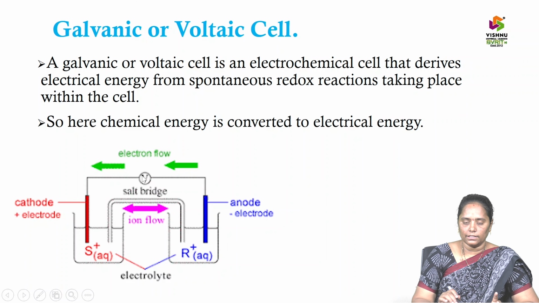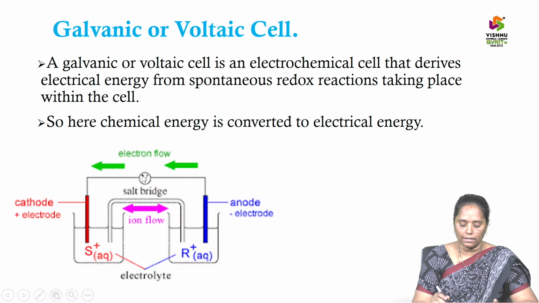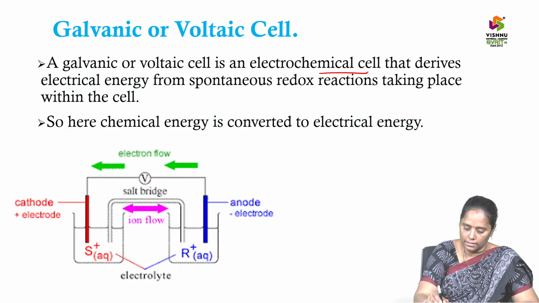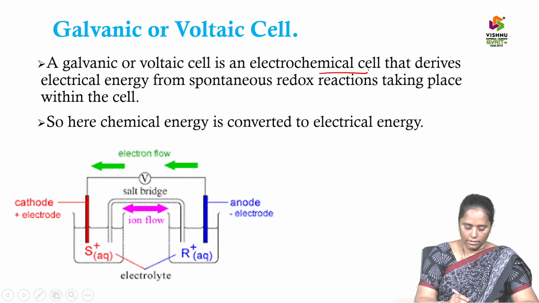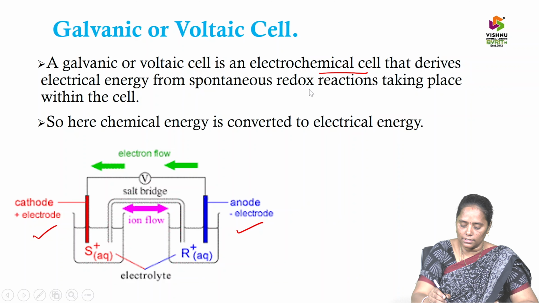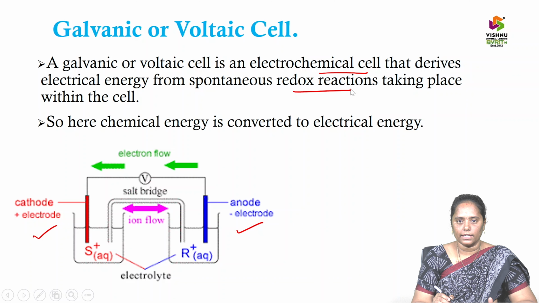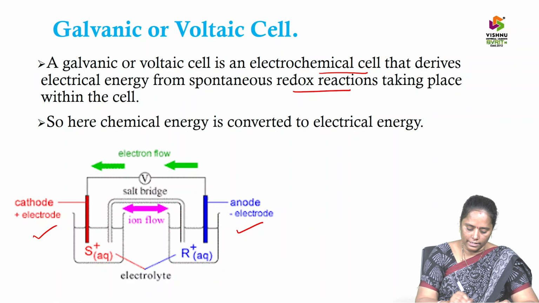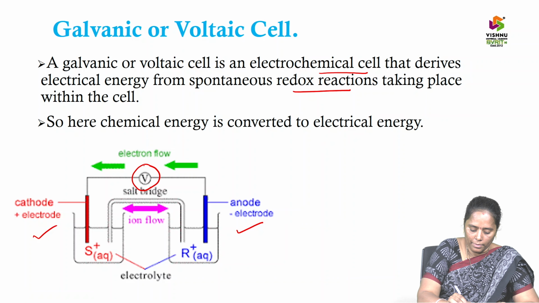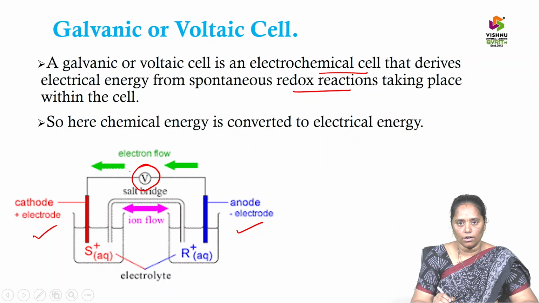You can see here the simple diagram for a galvanic or voltaic cell, where electrochemical cell reactions take place, where the oxidation and reduction also happen, and the spontaneous reactions are happening within the cell. Because of the flow of electrons, there would be development of voltage or current.